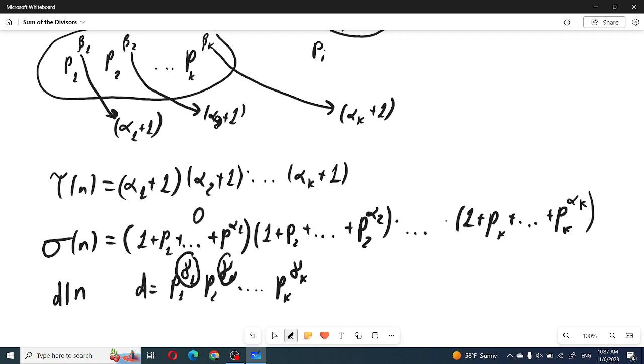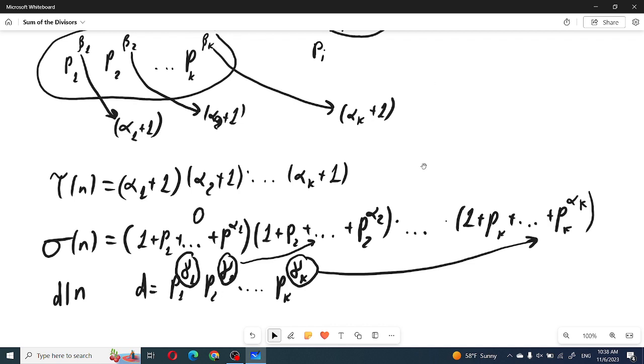For gamma 2, we need to choose this term from the second brackets. And for gamma k, we need to choose this term from the last brackets. So we will see that all of these divisors will be uniquely determined by these brackets if we expand all of them. And we can also be sure that all of the divisors must be in this form.